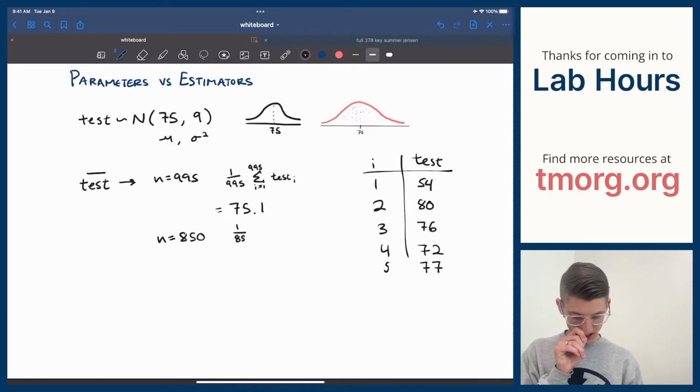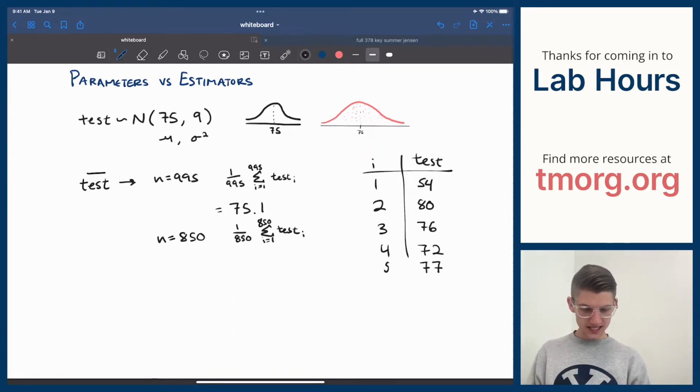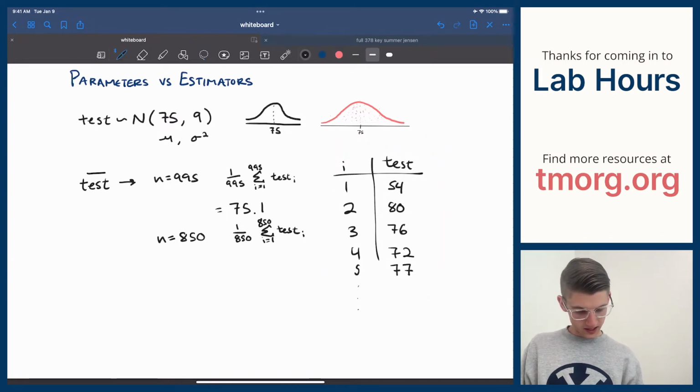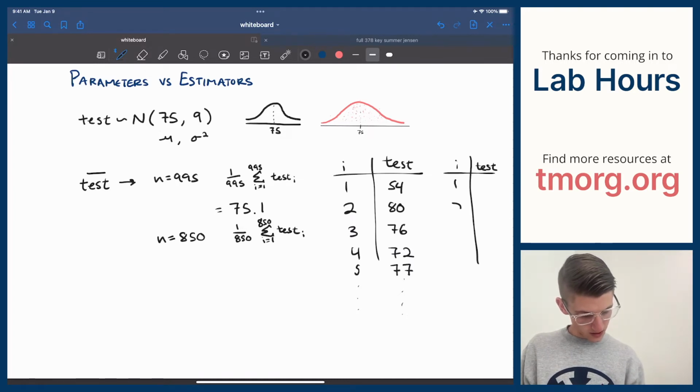And so I'll run it again, and maybe this time I got only 850 responses. So I do 1 over 850 times the sum from i equals 1 to 850 of test i. And maybe this time in the new one, we had scores 1, 2, 3, 4, 5, dot, dot, dot.